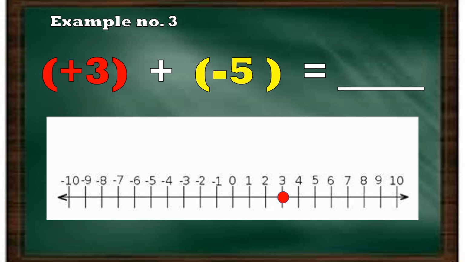Then, since the second number is negative 5, we will move to the left from positive 3. 1, 2, 3, 4, 5. We landed on negative 2. So the answer of positive 3 plus negative 5 is negative 2.